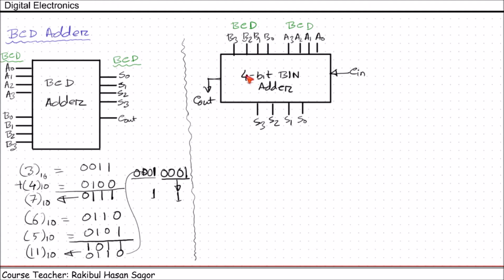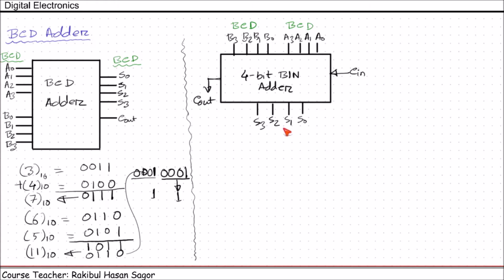Now this 4-bit binary adder is okay if the summation value is less than or equals to 9. That means if we add 3 plus 2, we'll get 5. And 5 in binary and 5 in BCD both are same. That is why it will not create any problem.